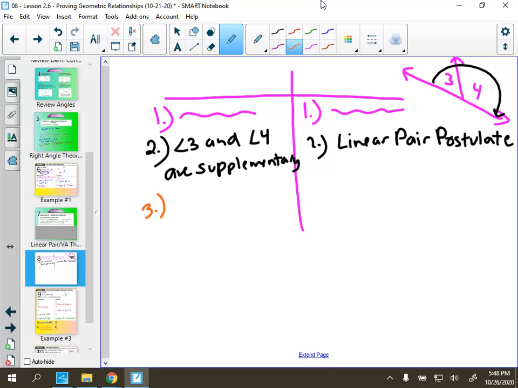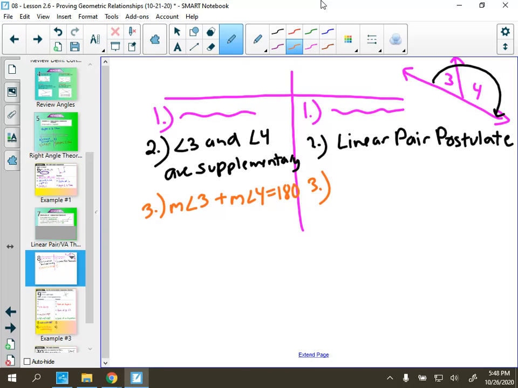So a lot of times, after we use the linear pair postulate to introduce maybe angles 3 and 4 into the proof, it's usually pretty beneficial to say the measure of angle 3 plus the measure of angle 4 equals 180. Now we're down to an equation where I might be able to substitute something in for 3, if I knew, in the given, that angle 1 was congruent to angle 3 or something like that. But how did we do that?